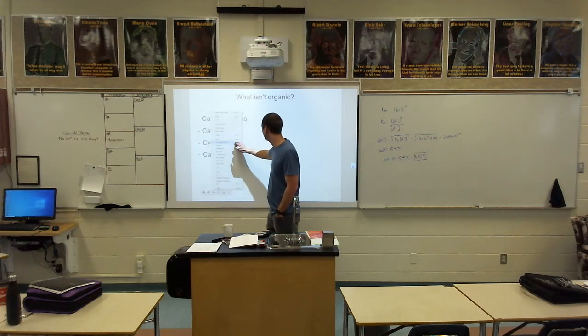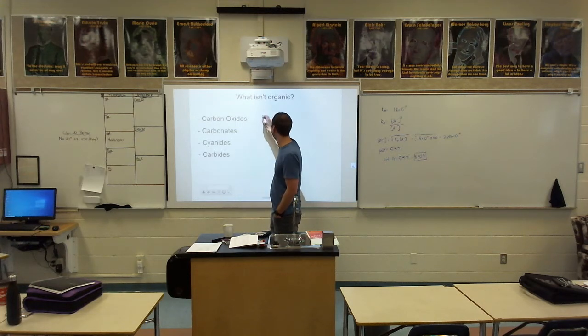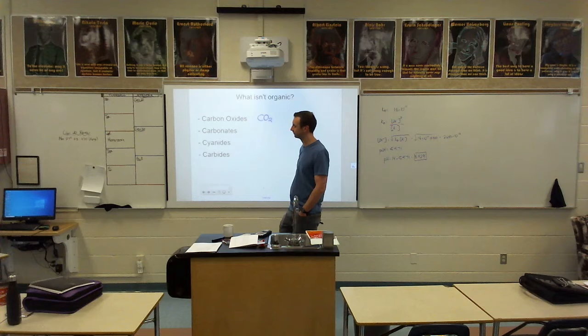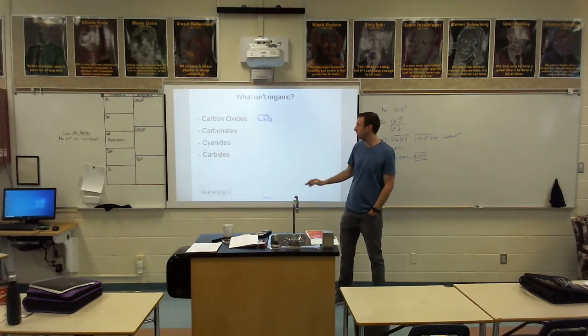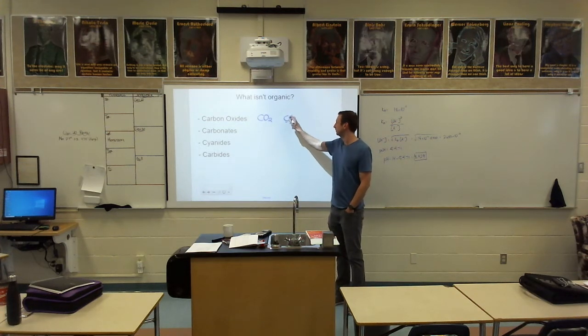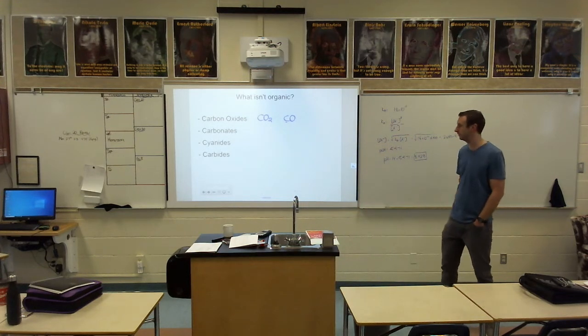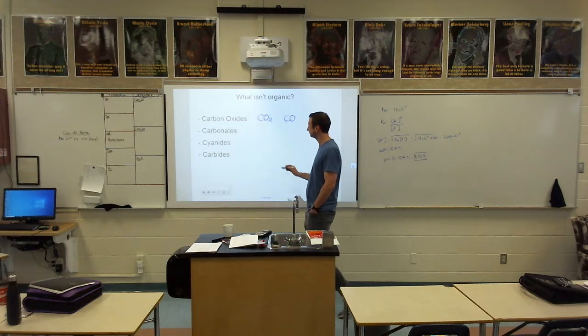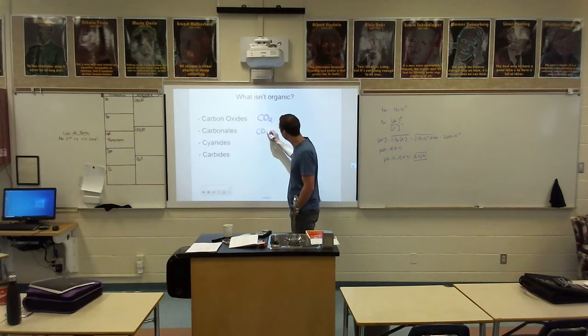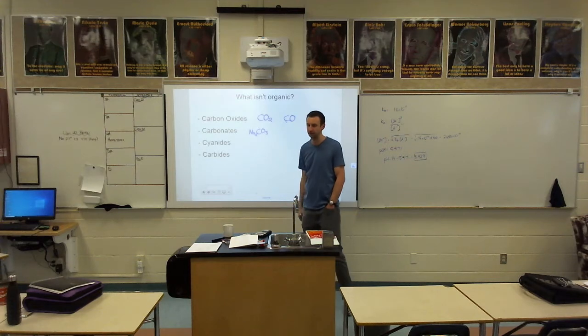Let's mix it up. Let's go with some blue. CO2, not organic. What about CO? Not organic. Carbonates. When I have a carbonate ion, like CO3, so I have Na2CO3 or something like that, that is not organic.